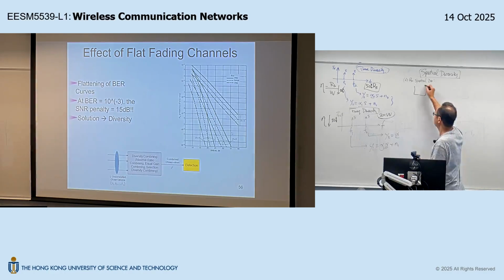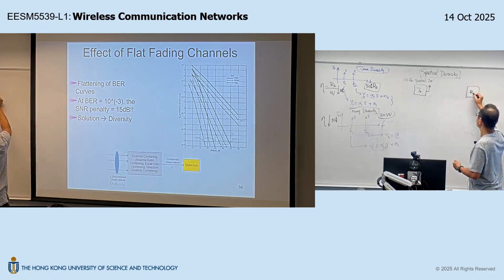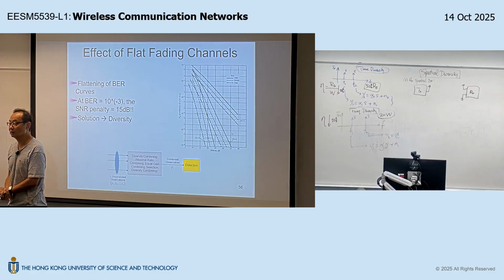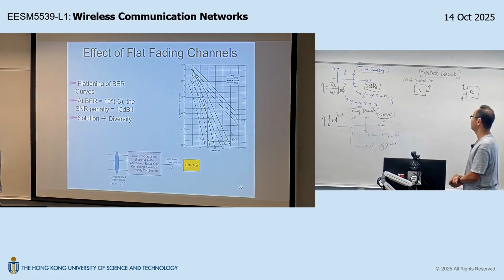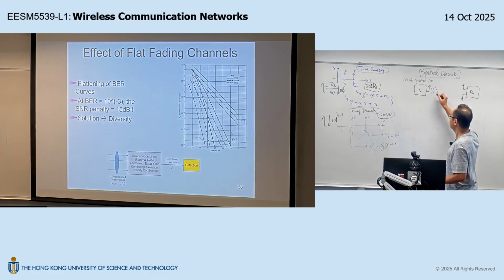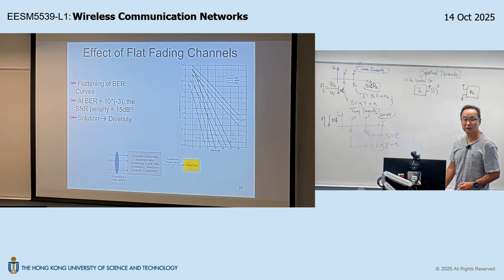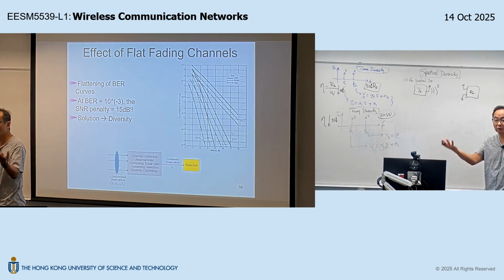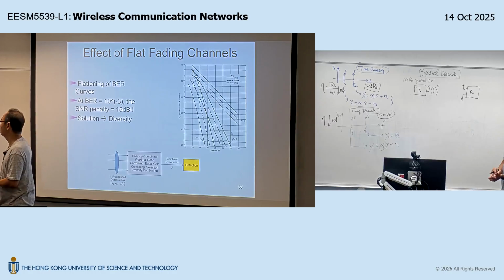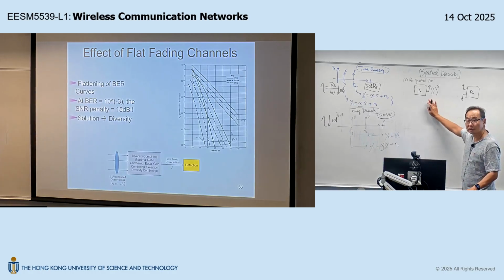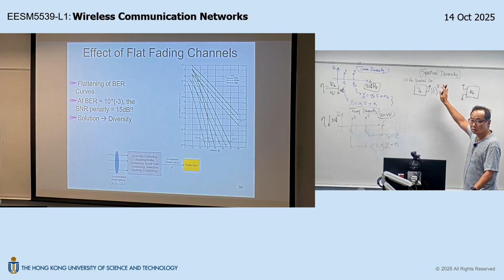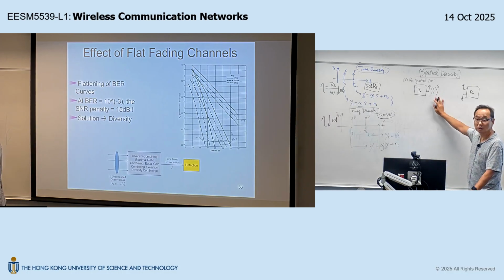So let's say at the transmitter, we have one single antenna. At the receiver, we have two antennas. Let's say something like this. Okay? Now in this way, the transmitter just sends out the information symbol S. Let's say S is a constellation point from BPSK, okay? So the transmitter just sends out the symbol as usual.